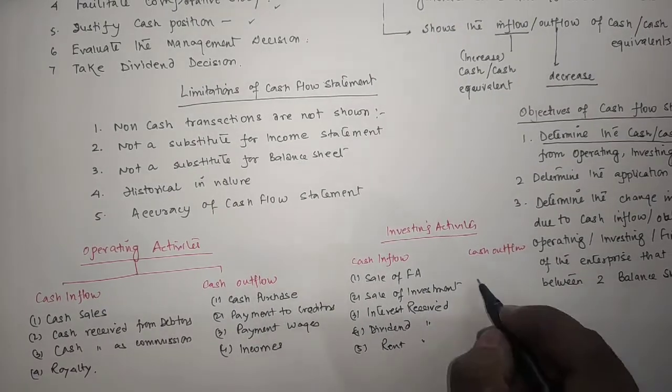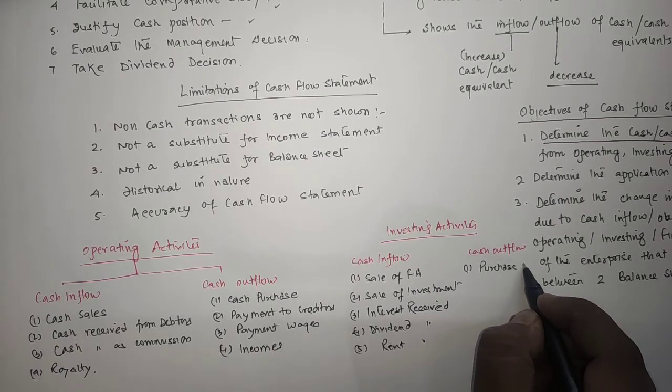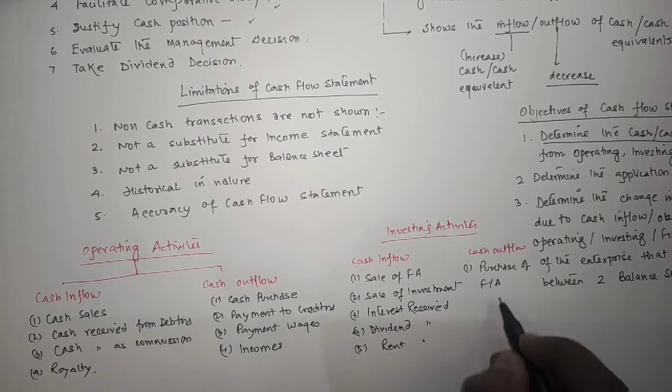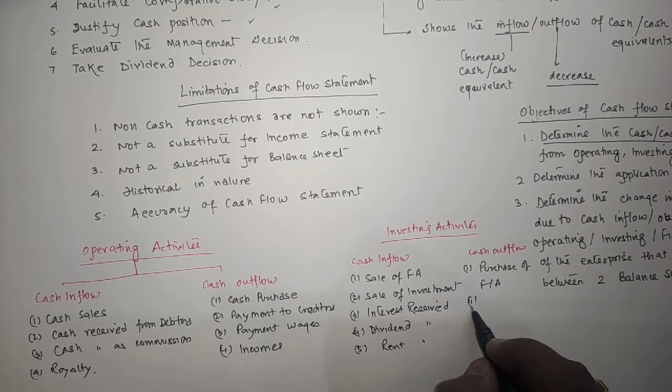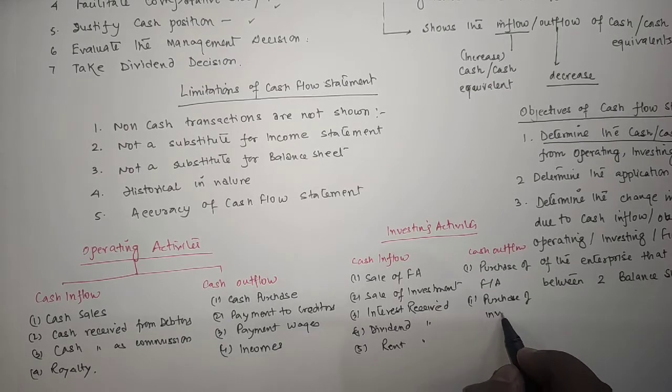What are the cash outflows here? The cash outflow may be purchase of fixed asset or purchase of investment.